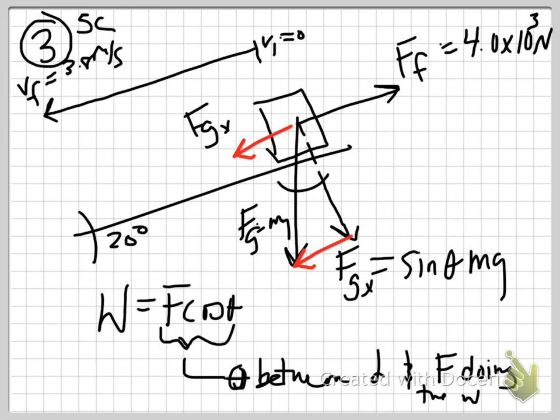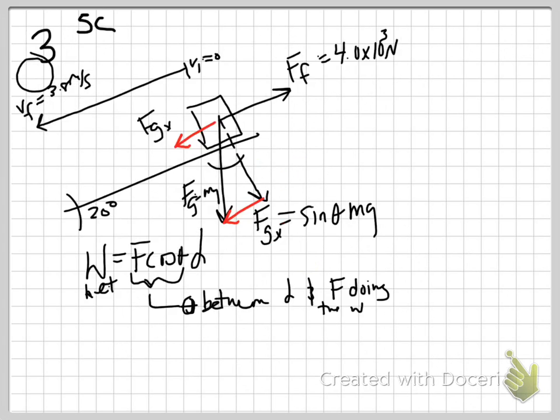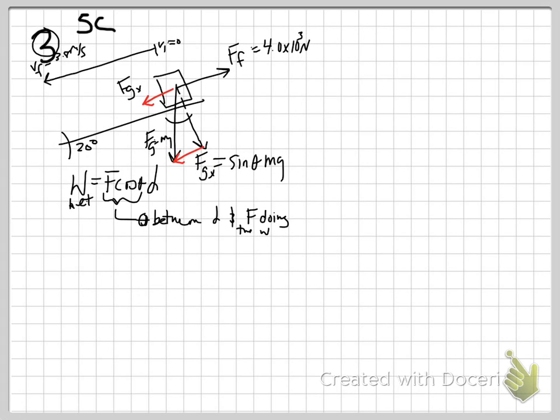So at this point, we know that the net work is equal to force times cosine theta times distance. And let me clean this up a little bit. We also know that the work is equal to the delta KE, right?